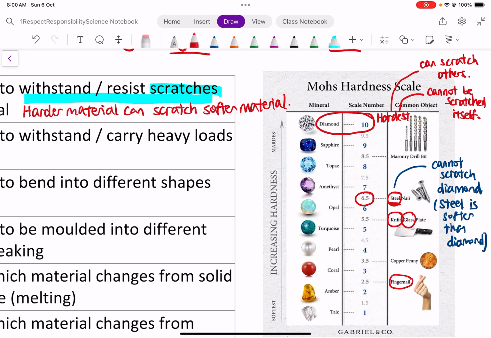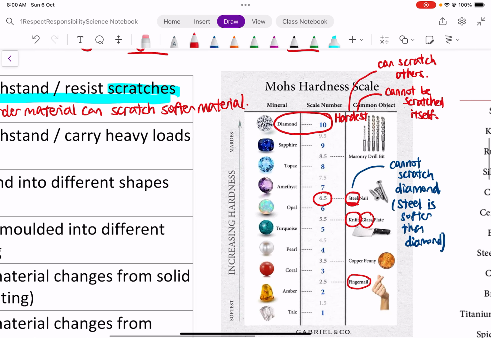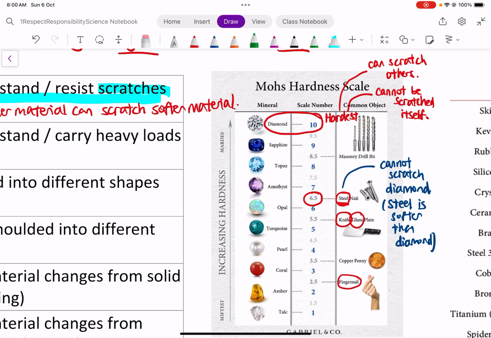Now, besides the idea of scratching, hardness also has to do with cutting. Because diamond is so hard, diamond is a good cutting tool. We often think of cutting tools as knives which are made of steel. Steel is pretty hard.